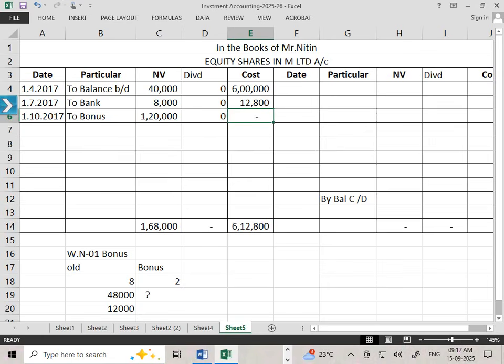Only the nominal value column you have to record. But what is the nominal value? 10 rupees. So 1,200 multiplied by 10 comes to 12,000. Right? Next.